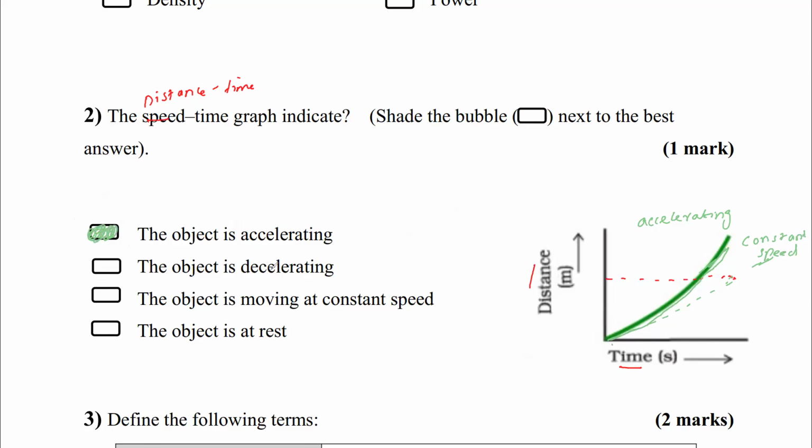If it is decelerating, remember, the graph moves like this, but it is moving in the upward direction, so it means this is accelerating. If it is at rest, it is a straight line parallel to the time axis. So now we have to move further.